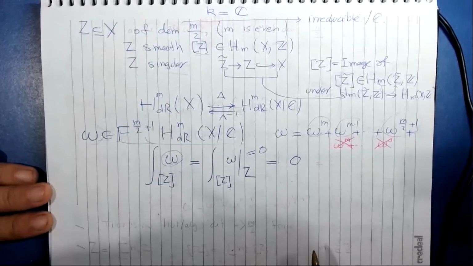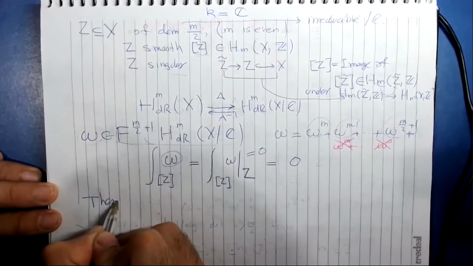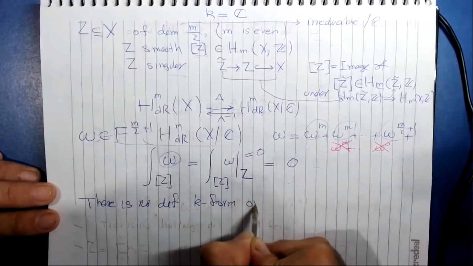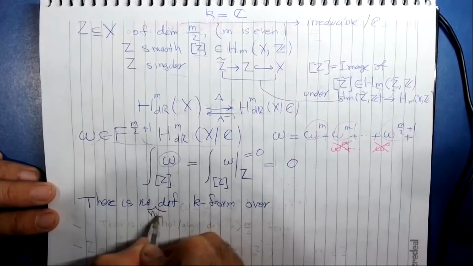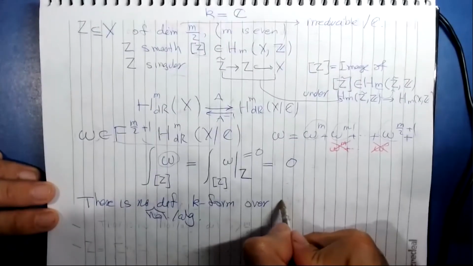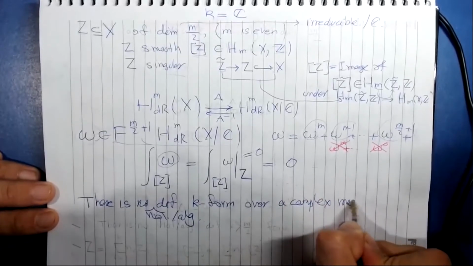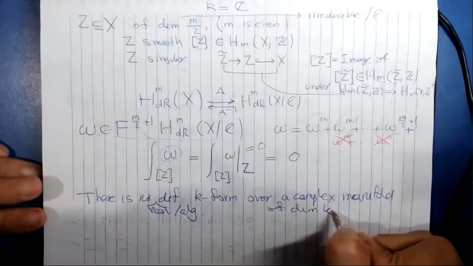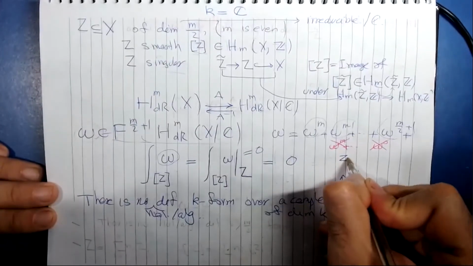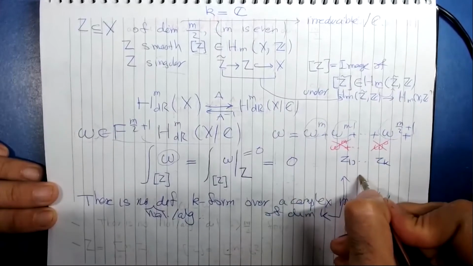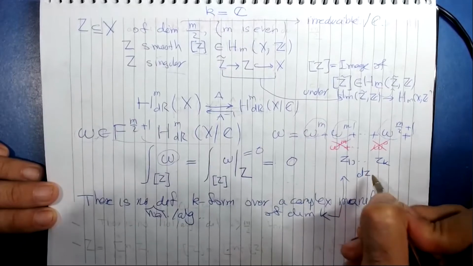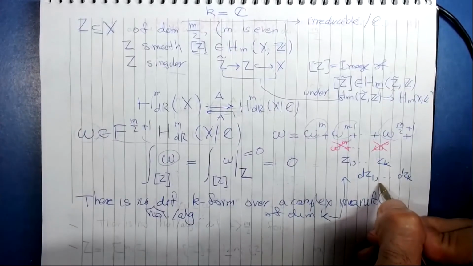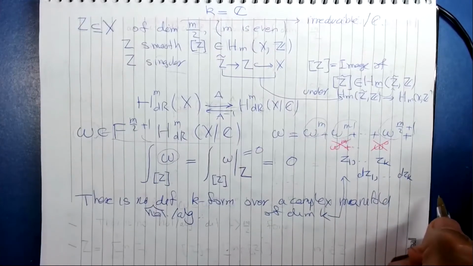So what we have used here is the fact that there is no nonzero holomorphic or algebraic K-form over a complex manifold of dimension less than K. And the reason is very easy, because if you take holomorphic coordinates z1 until zk, the differential forms are given by dz1 and so on up to dzk, and if you take k plus 1 of these, there will be repetition, and this repetition will make such a differential form identically 0.